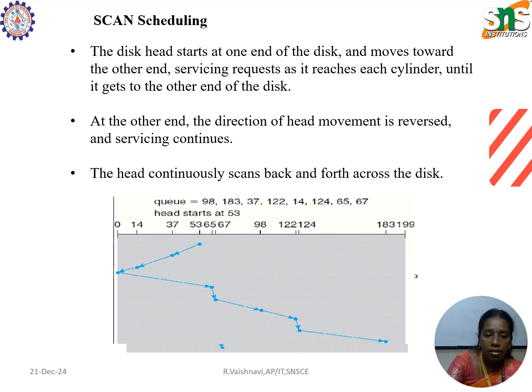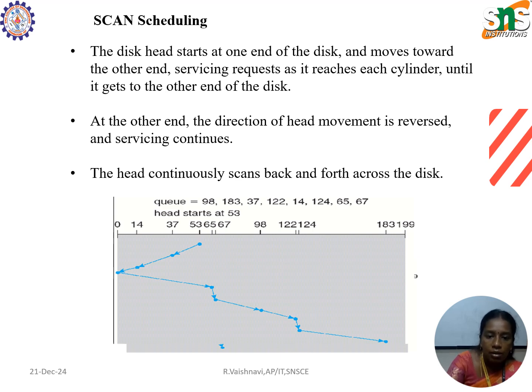Here we have the example. As seen earlier, the queue values are given and the starting position of the head is also given. For the SCAN scheduling, it starts from 53 and goes to 37. After visiting 37, it goes to 14. After 14, it goes completely to 0.